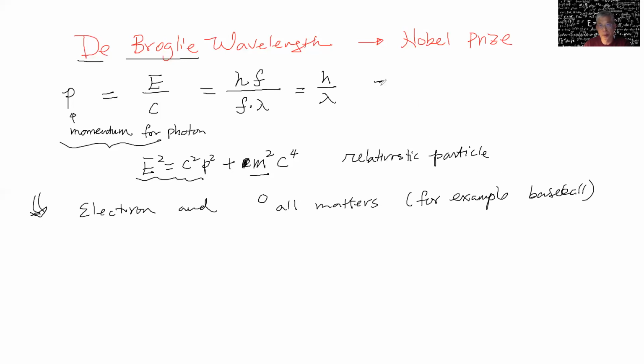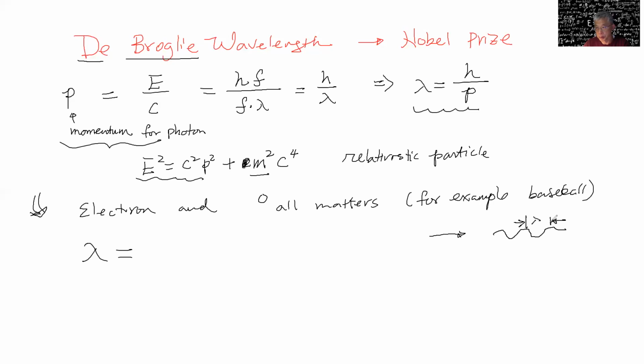Here, the lambda for the photon is equal to h divided by p. So this is the lambda equation. De Broglie was very brave. He said, well, it should be that the electron has a lambda too. Even though it may look like it moves like this, the electron is actually moving like that. And there's a lambda for that.